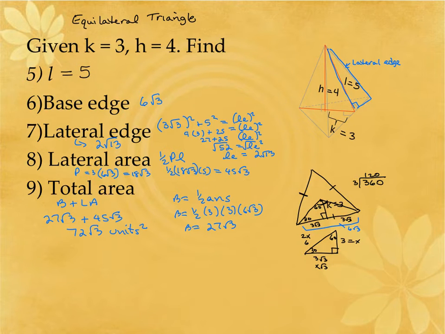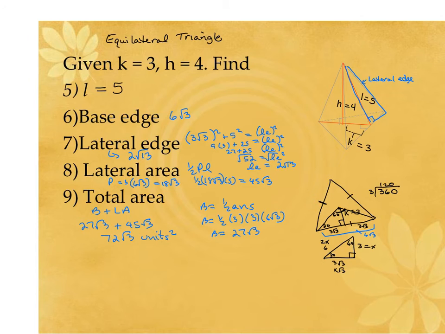Now, this next one was a bit challenging, because what we needed to do is do a lot of Pythagorean theorem here. So what was missing from the instructions was that this was an equilateral triangle. So what I did here was I labeled everything I had.